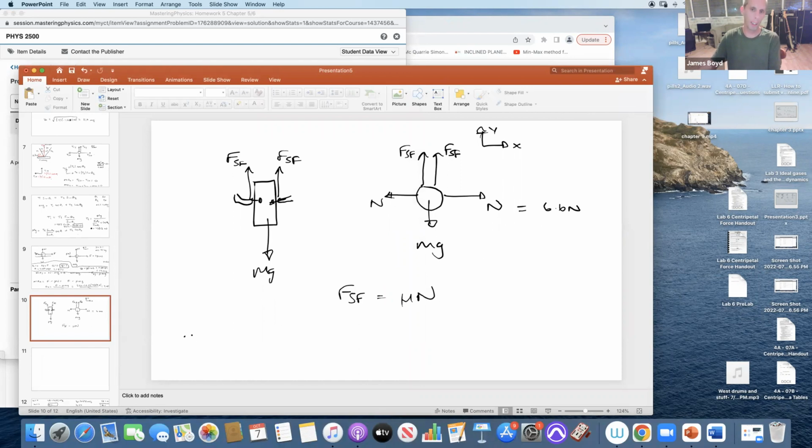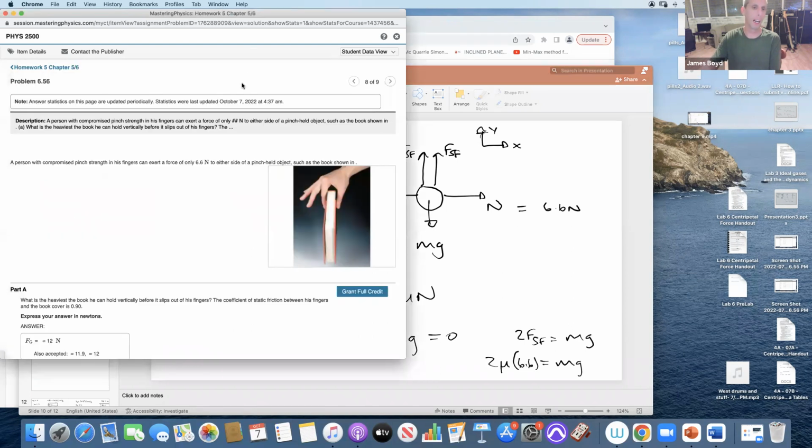Rewriting this, we see that m a_y is 2 times the force of static friction, 1 for each finger, minus mg. And because we're in static equilibrium, that's 0. So 2 times the force of static friction is equal to mg. The force of static friction is mu n, so this is 2 times mu times that 6.6 is equal to mg.